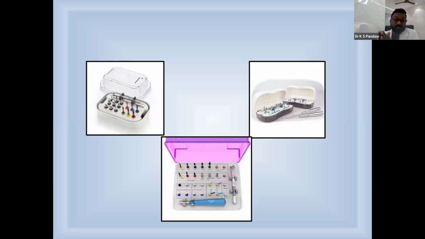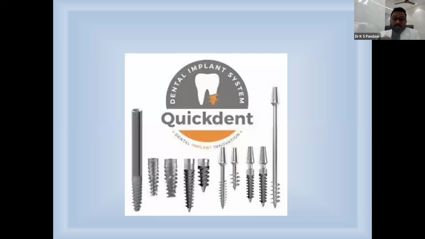So nowadays I am using Quickdent implants. They have very beautifully designed kits through which you can place both conventional and bicortical implants. And I don't have to deal with all the companies because Quickdent has all the solutions. If I want to place a conventional implant, they have one.